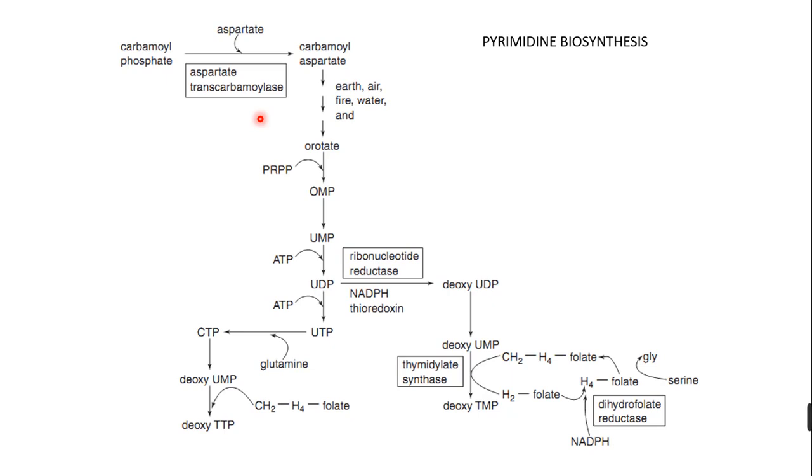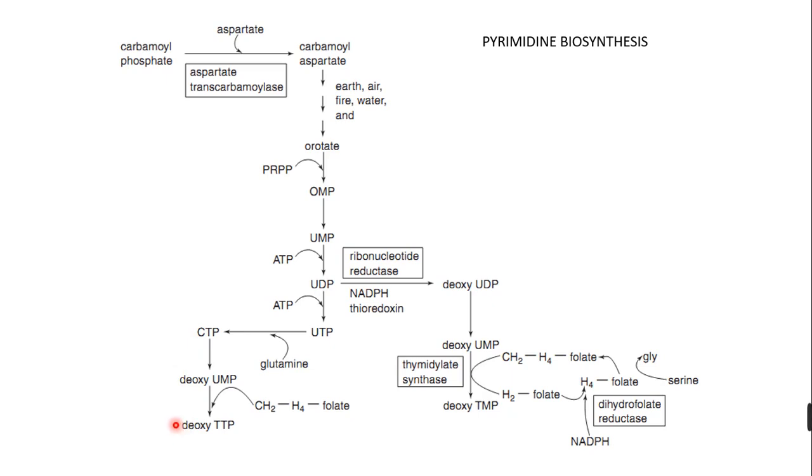Carbamyl phosphate is converted to carbamyl aspartate, and through a sequence of biochemical reactions to orotate, and orotate to OMP, orotate monophosphate, by PRPP, and then to UMP, uridine monophosphate, then uridine diphosphate, uridine triphosphate, then cytidine triphosphate, and deoxyuridine monophosphate and deoxythymidine triphosphate.